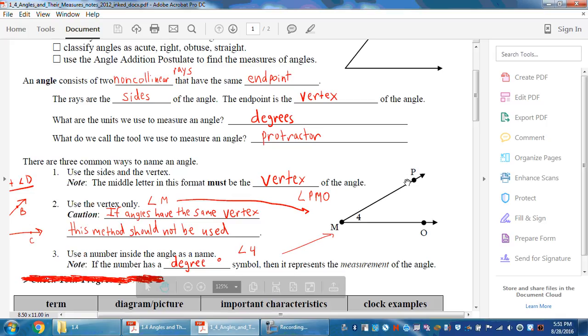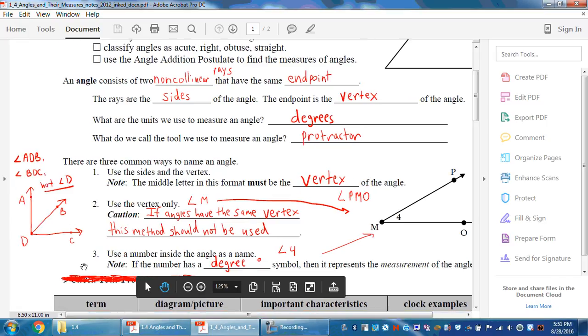One thing you need to take into account though is that sometimes there's more than one angle that shares a vertex. So if you look over here, this is angle ADC, this angle I'm tracing. There's two other smaller angles that make it up, ADB and BDC.